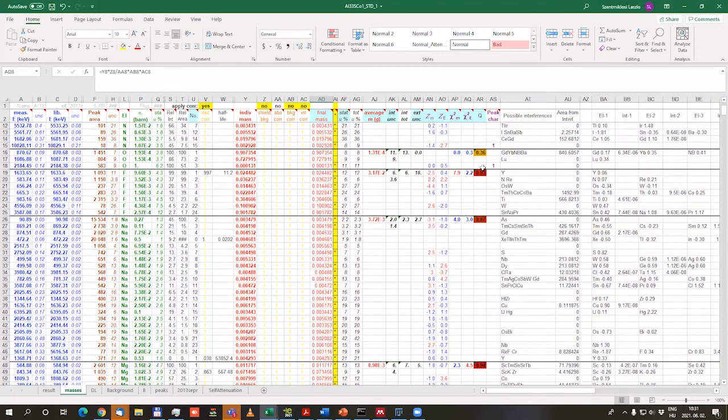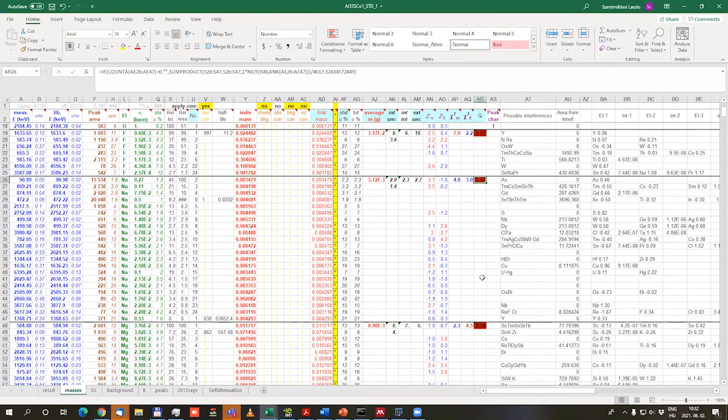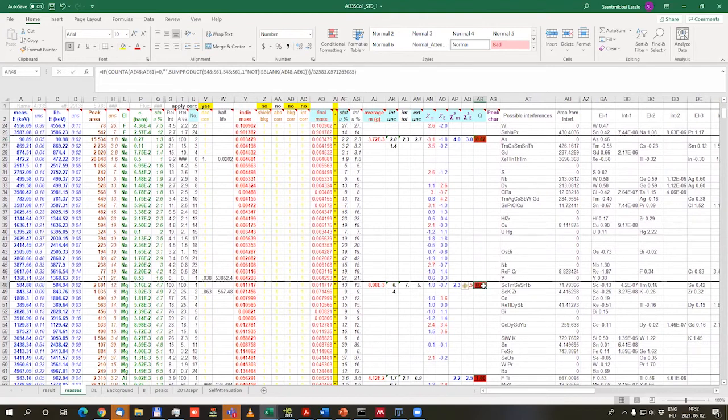And the program shows here a number, a quality factor, which is computed from the identified lines over all available lines in the library. And if this is close to 1, that means you found almost every significant key analytical line.